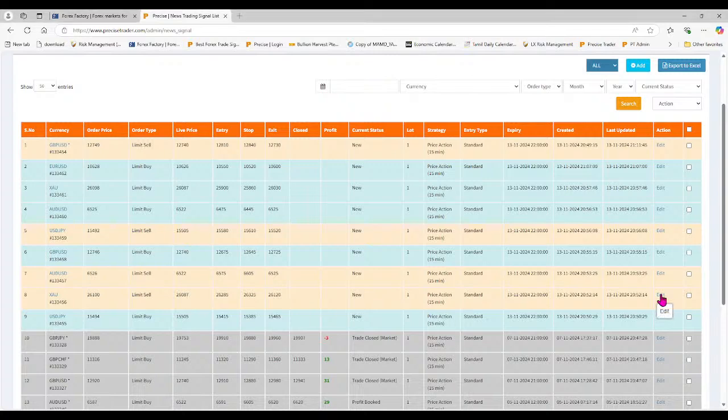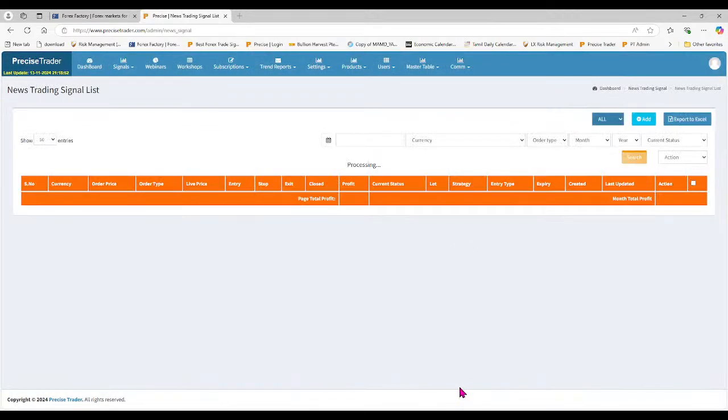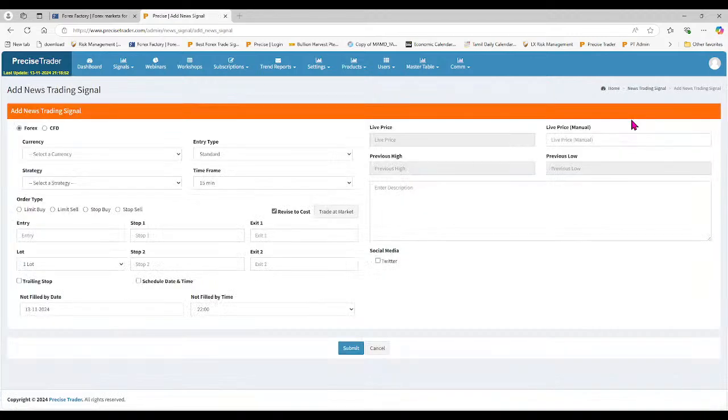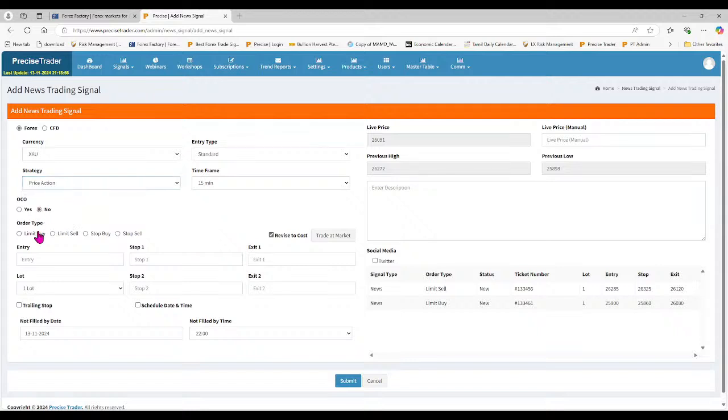One is the 10 o'clock one, where we will try to extend the time by another 1.5 hours. Then we will put another trade at 2620 and a half, and 24 and a half is the stop, and the TP should be 26.